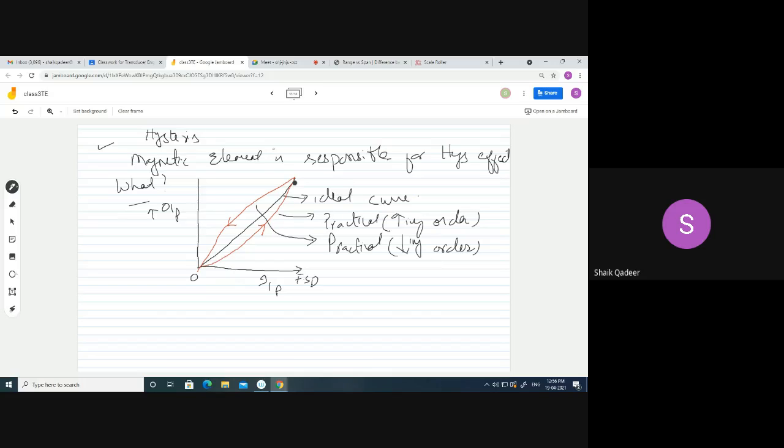If I observe the output in reverse order, applying the input from FSD to 0, I get a different response. If this type of response is observed, then we say the instrument is affected by the hysteresis effect. Hope it is clear to everybody.